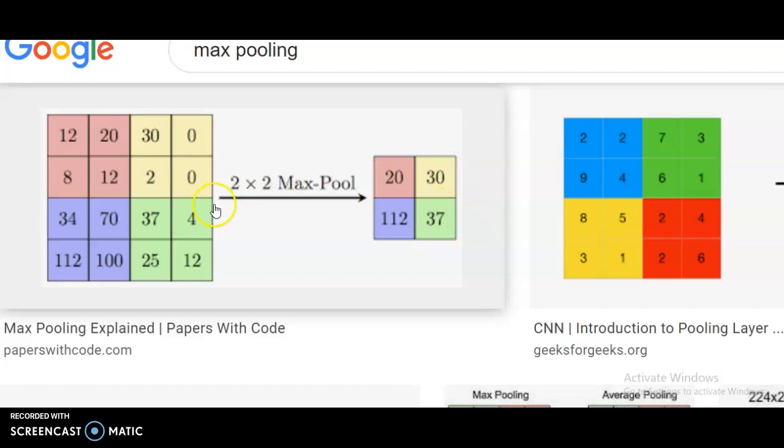So 2 cross 2 max pooling. Okay. 12 plus 12, 20, 12 plus 12, 30.